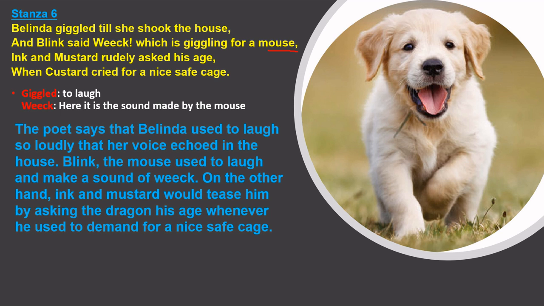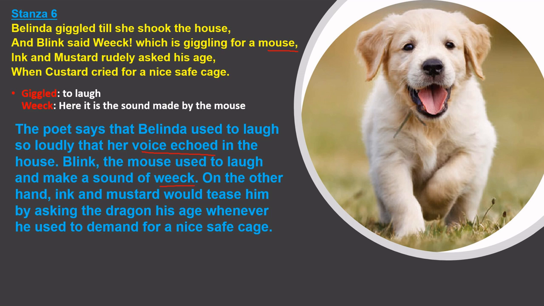In this stanza, the poet says that Belinda used to laugh so loudly that her voice echoed in the house. Blink, the mouse, used to laugh and make a sound of weak. Weak is a sound which is produced usually by the mouse.